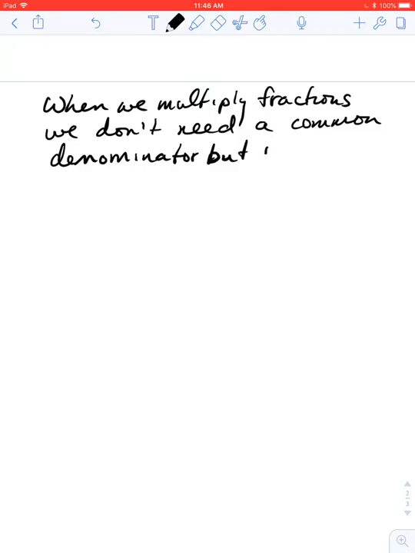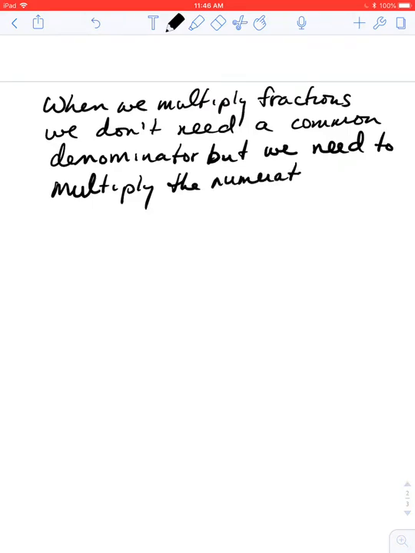But we need to multiply the numerators and denominators.